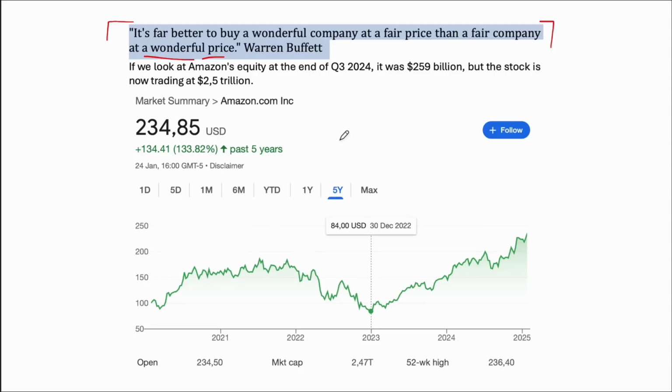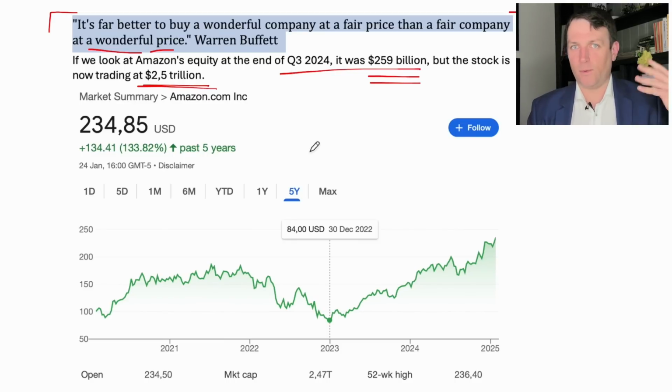Amazon, if we look at the equity, the last reported is 259 billion, but the stock is now trading at 2.5 trillion. And when it comes to Amazon, I think we may also have made a video 2 years ago, when it was trading at 1 trillion, I said that the infrastructure, whatever they built, is worth certainly at least 700 billion.